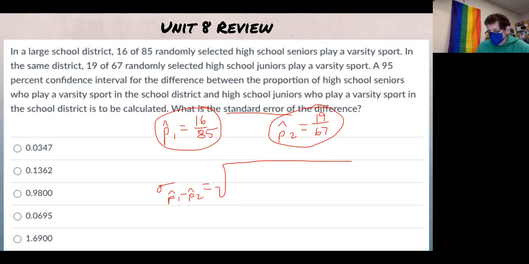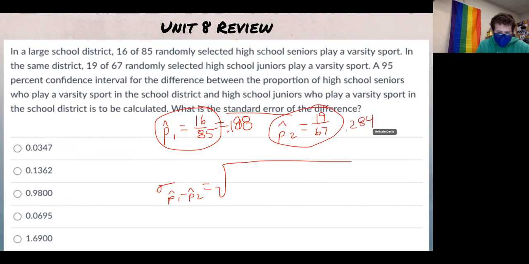So we would still do whatever 16 divided by 85 is, which is 0.188, and 19 out of 67 is 0.284.